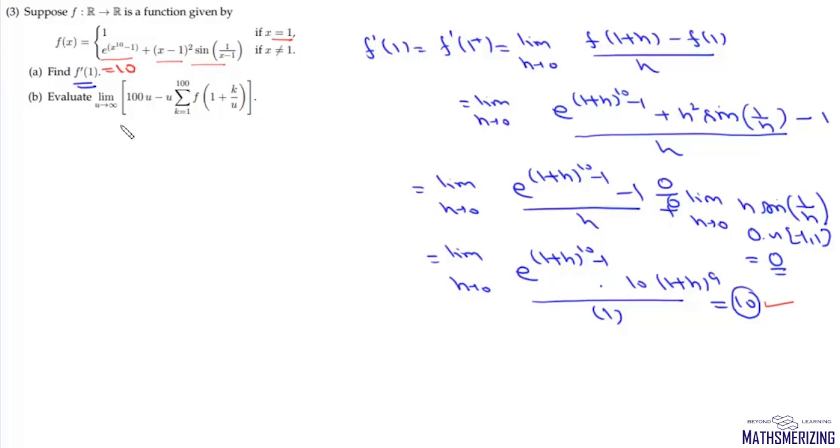Now we need to solve this limit, which is limit u tends to infinite of 100u minus u times the summation k varies from 1 to 100 of f(1 plus k upon u).